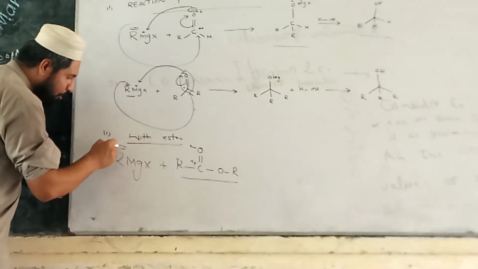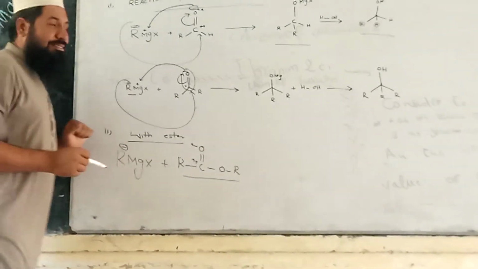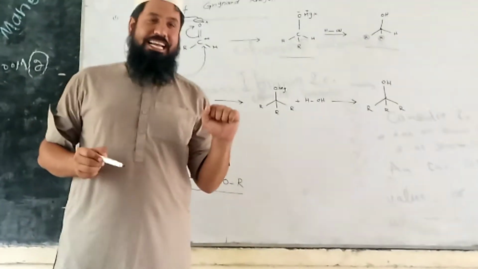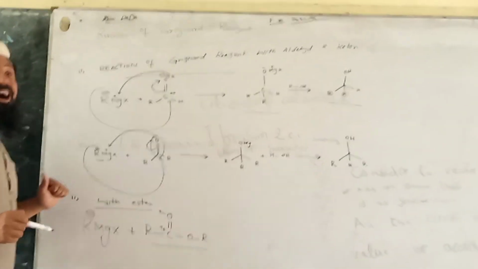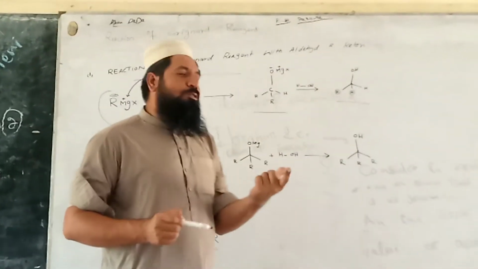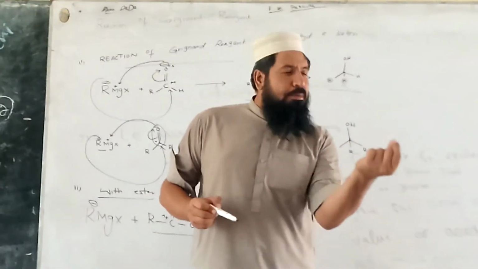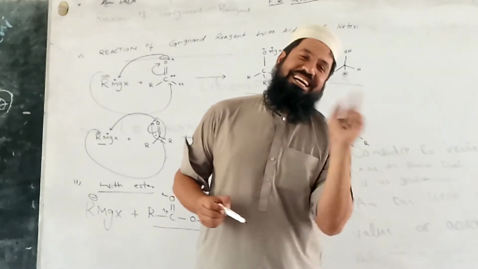What is this R group? This R group is partially negative. The carbon in this R group is a carbanion. Carbon bearing a negative charge is known as carbanion. Carbon bearing a positive charge is called carbocation.